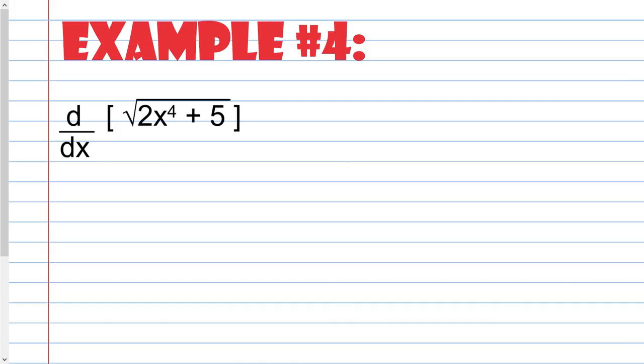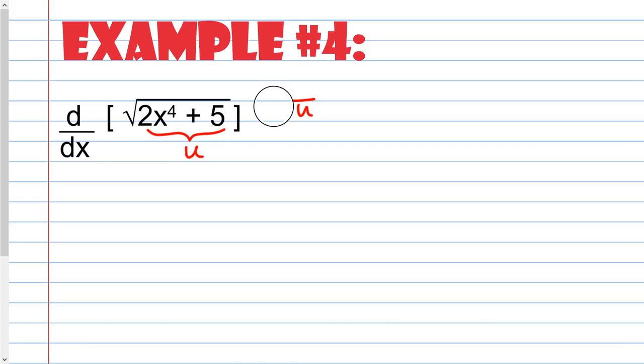If you want to try to do this on your own, it would be a really good time to just pause and try to see if you can do it on your own. All right, so to start off, I'm deriving this function and it has a square root. So a square root is a really good indicator that this stuff under the square root is my inside function.